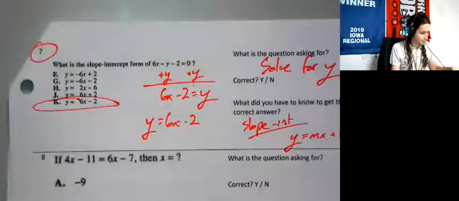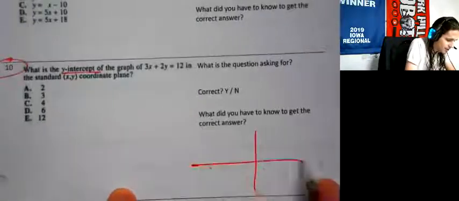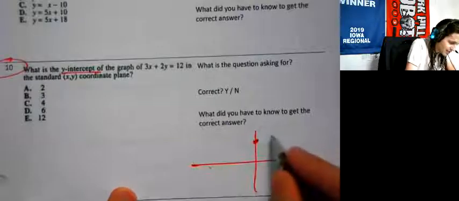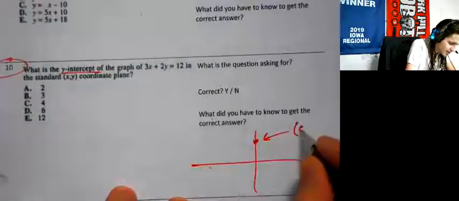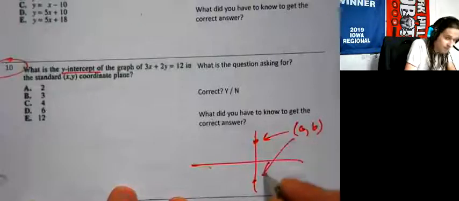Okay, we've got a kind of similar problem to what we saw earlier about intercepts. Now we're talking about the y-intercept. You need to know that the y-intercept occurs when x is 0. That could be like 0, b, or could be down there.